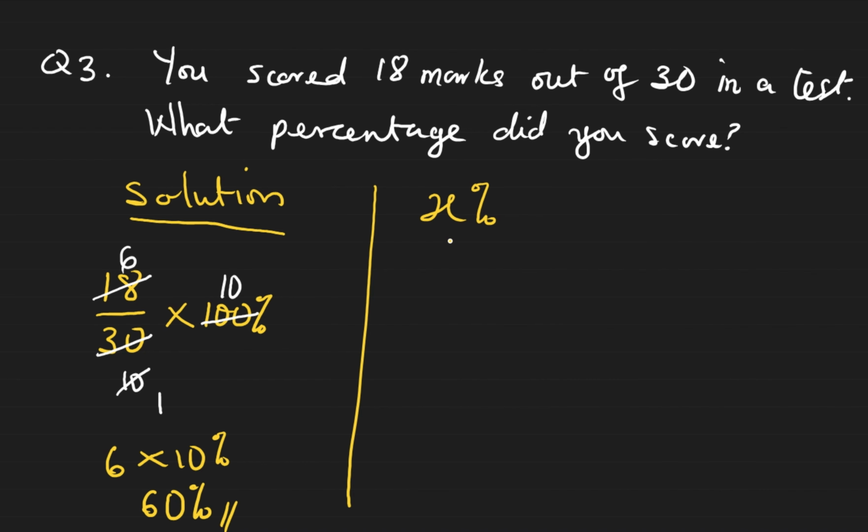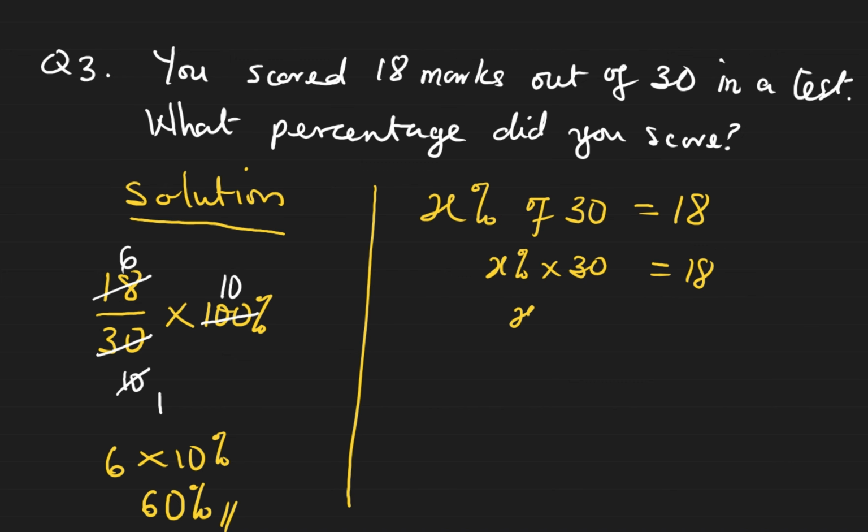What is the total marks? 30. So X% of 30 is what you had, 18. So we have X% times 30 equal to 18.